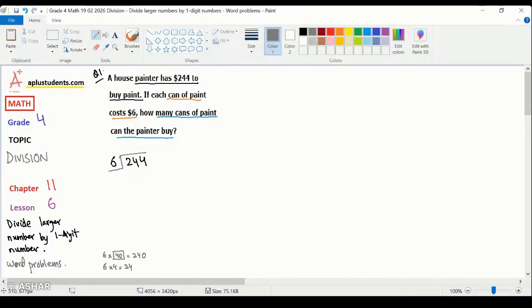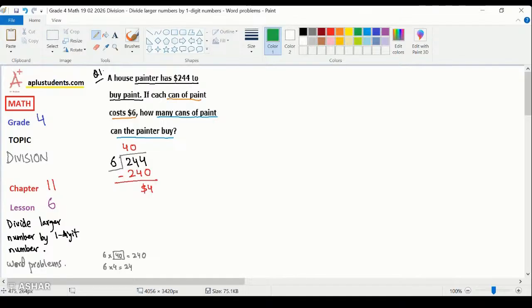So can we say 6 times 40 should be 240? Hi Sammy, hi Solomon. So when we subtract this together, we are left with $4, right?